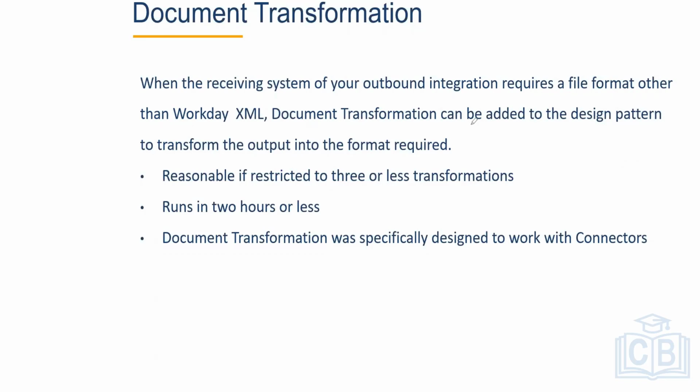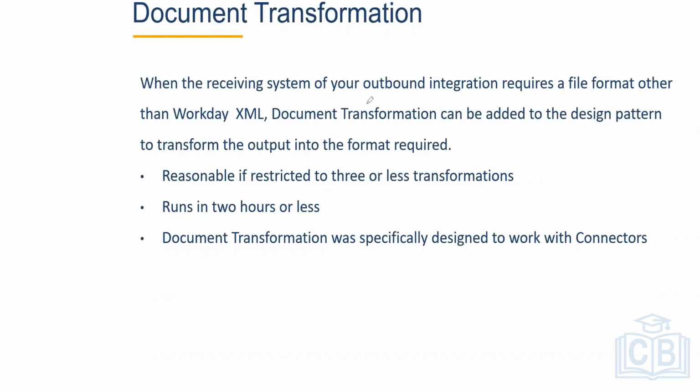Document transformation can be added to the design pattern to transform the output into the format required. It is reasonable if restricted to 3 or fewer transformations, runs in 2 hours or less, or document transformation was specifically designed to work with connectors. Document transformation is needed when you need to translate this XML data into a different output, either format or calculations, however you would like to put it.